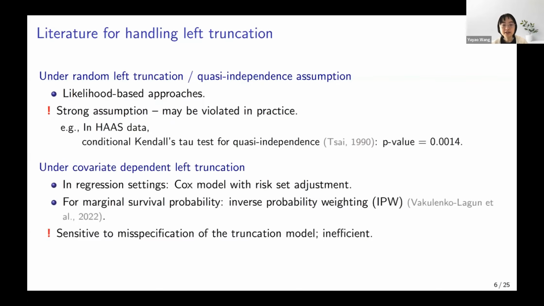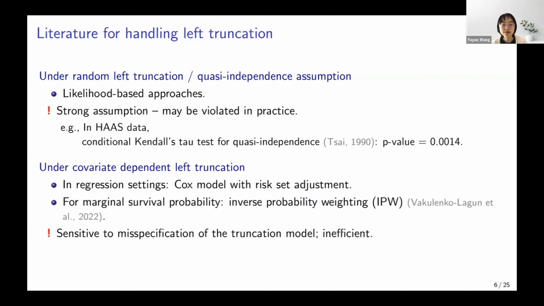Under the weaker covariate-dependent left truncation assumption, which allows the left truncation time and event time to be dependent via covariates, in regression settings where all the covariates are included as regressors, the Cox model, for example, can properly account for the left truncation using risk set adjustment.